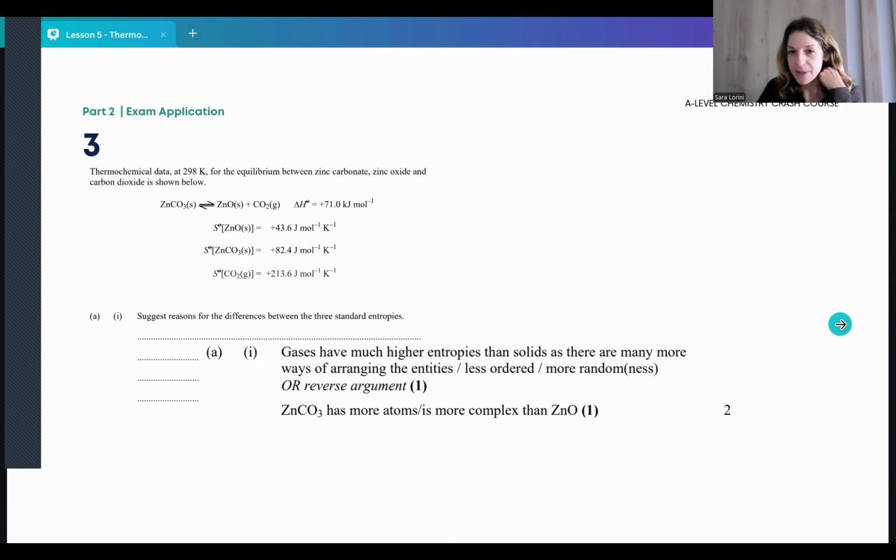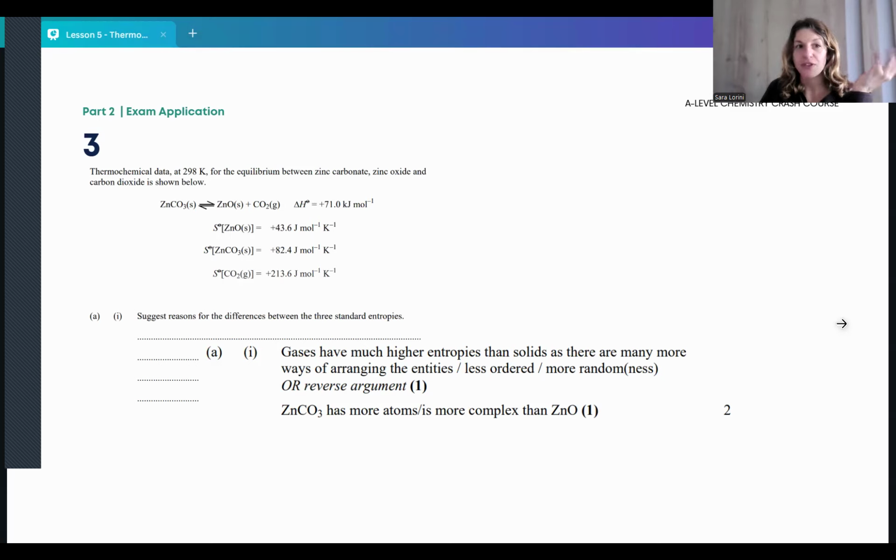And also the number of particles, right? So in this case, the gas has more entropy, and then more atoms, more complexity. Careful with the wording that you're using because we're looking at the number of atoms.